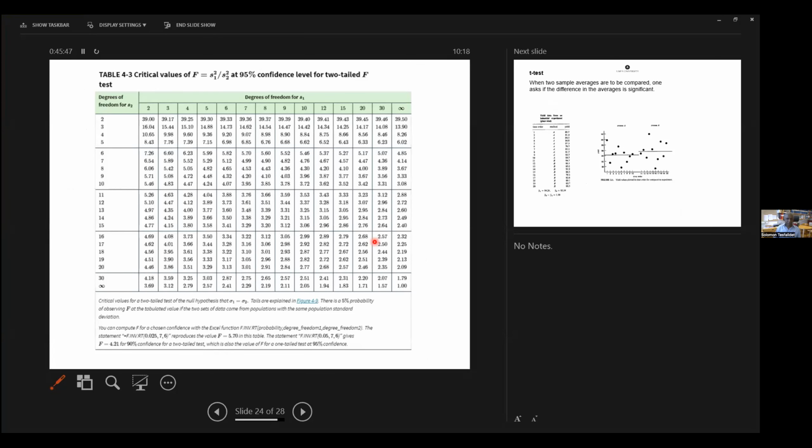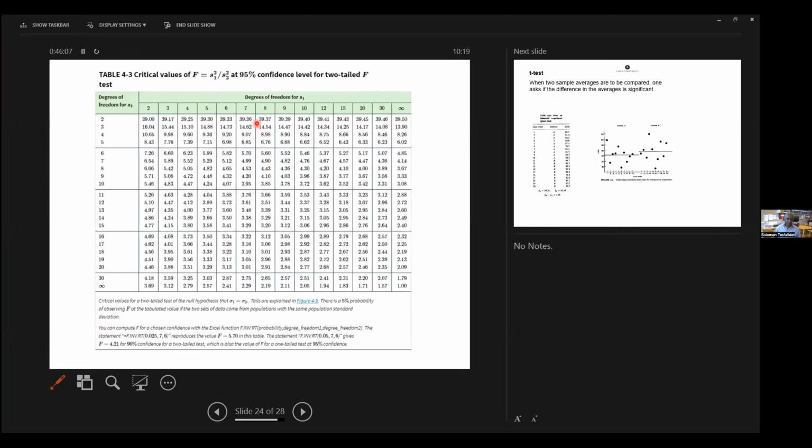So this is a table for the F-test. If you have two methods to compare, the first one, for method 1, is in the row, the horizontal one, and the vertical one is for method 2.